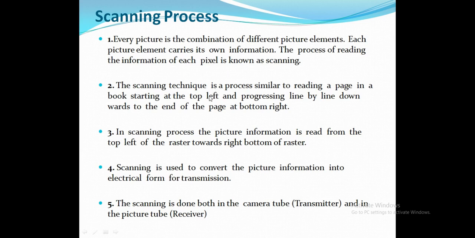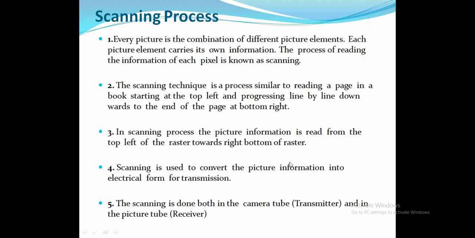The scanning process is similar to reading a page in a book, starting at the top left and progressing line by line downwards to the end of the bottom of the page.